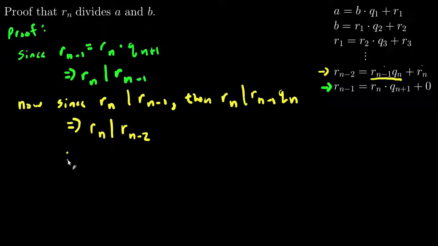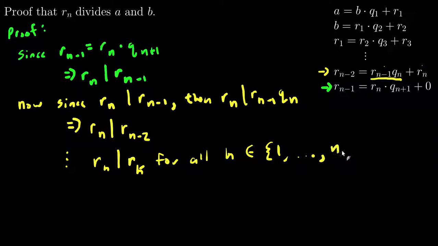And this actually continues. So r sub n divides r sub k for all k from the first remainder up to the n minus first remainder. So it just goes right up here, and eventually, from the same process, if r sub n divides both of these, then r sub n divides b.